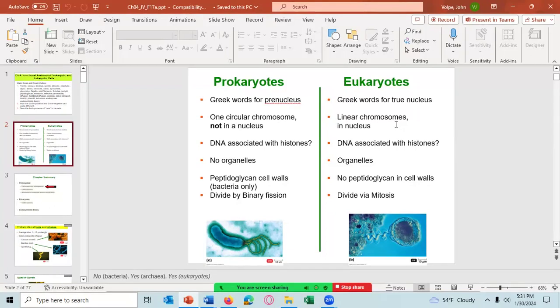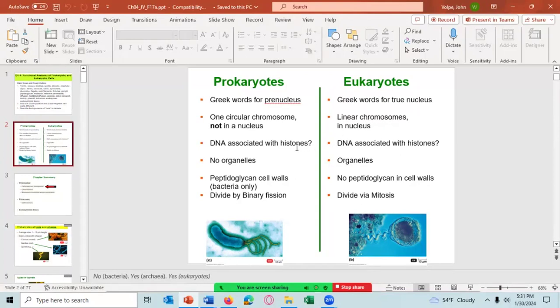I guess one other difference, which I mentioned but did not specifically state, is that prokaryotes tend to have one chromosome. Eukaryotes tend to have several to many linear chromosomes, and their chromosomes are in the nucleus.